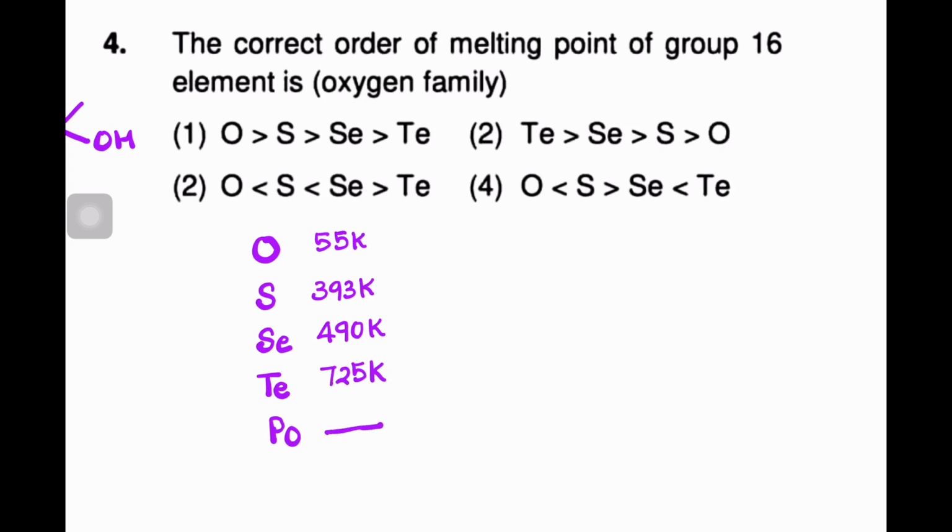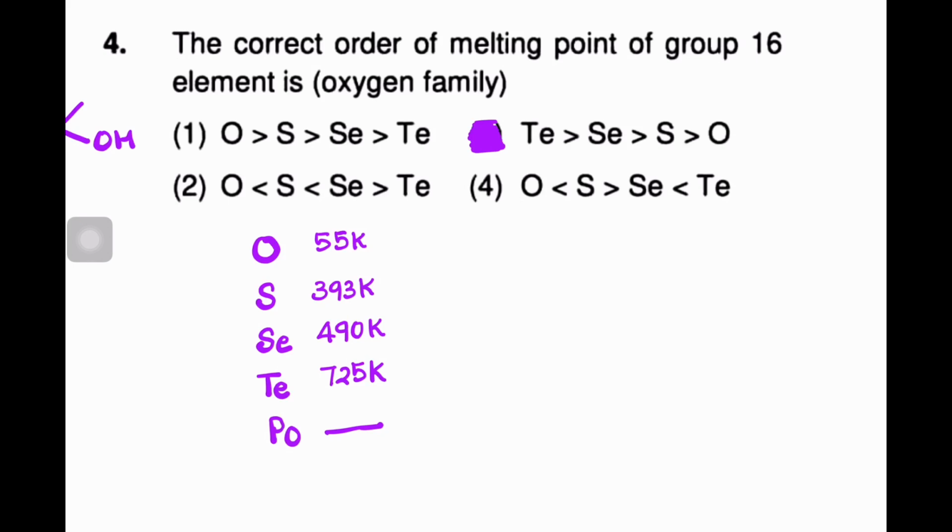Polonium is radioactive, but it is not in the option, so leave it. So maximum is tellurium followed by selenium, then sulfur, and then oxygen, which has the least melting point.